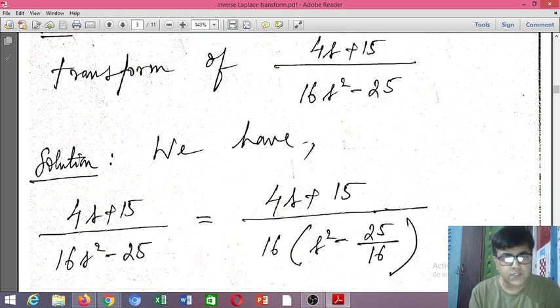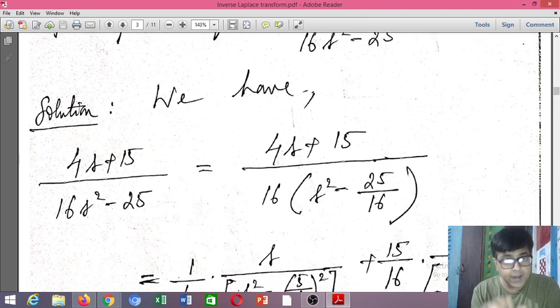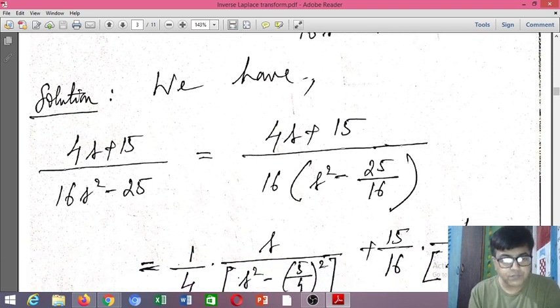Now suppose you are given this function 4s plus 15 divided by 16s square minus 25. Now how do we convert this function into those known forms? You see, we take 16 common from the denominator. So if we take 16 common, we can write this as s square minus 25 by 16, which we can write in the next step as s square minus (5 by 4) whole square, right? So we are getting the s square minus a square form.